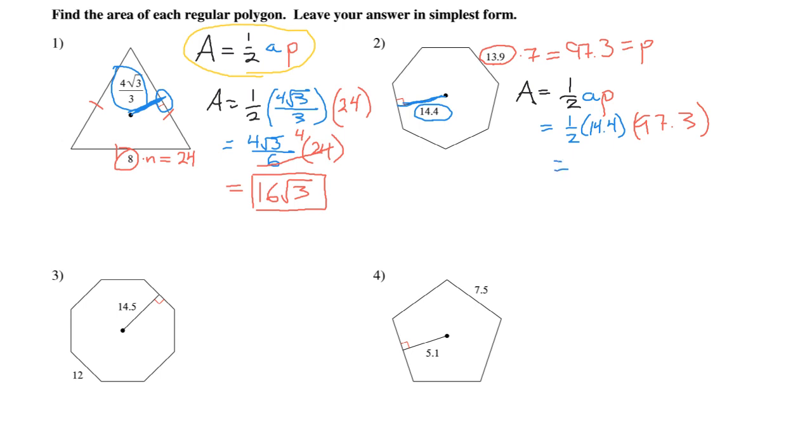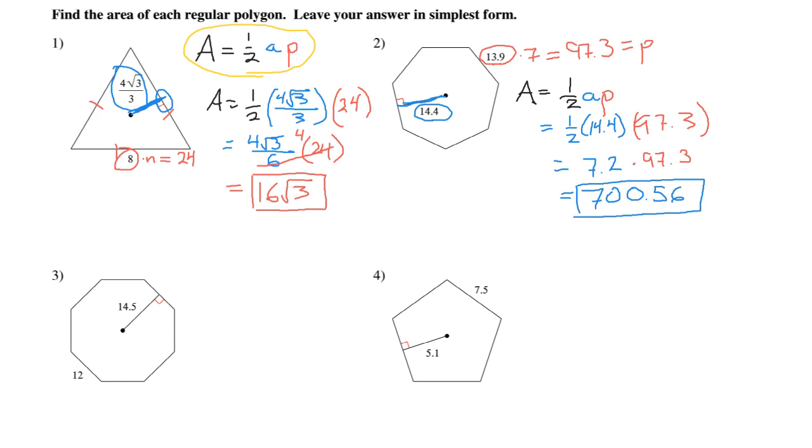So again, 1/2 times 14.4 gives us 7.2. I divided 14.4 by 2 there. And we're multiplying that by 97.3. Again, I think you want to use the calculator for this one. So if we multiply that out, that's going to give us 700.56 as our final answer there.